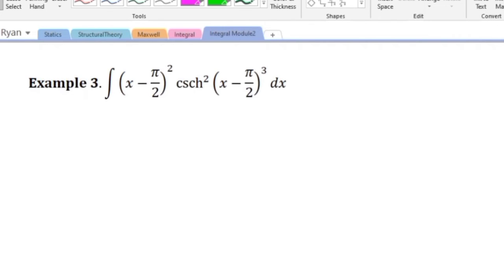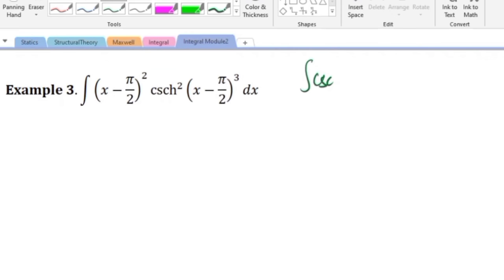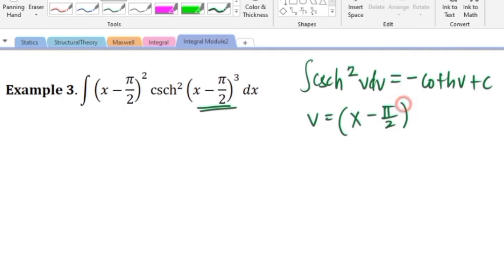So if we are going to recall the formula, we have the integral of hyperbolic cosecant square of v dv that is equal to negative hyperbolic cotangent of v plus c. So itong part na to, yan yung v natin. So we let our v is equal to x minus pi over 2 raised to 3. So taking the derivative of this, we have dv.